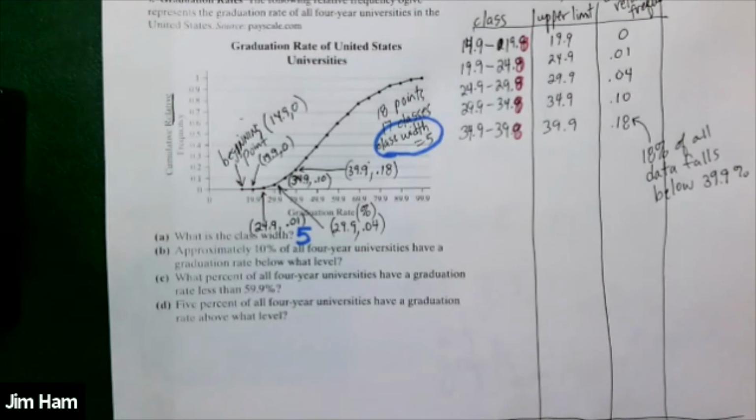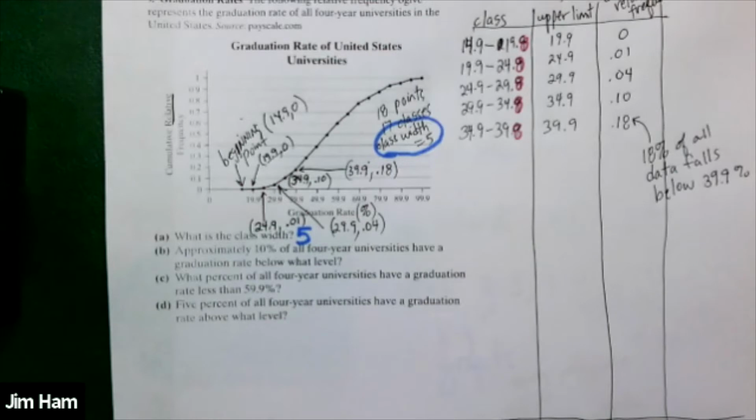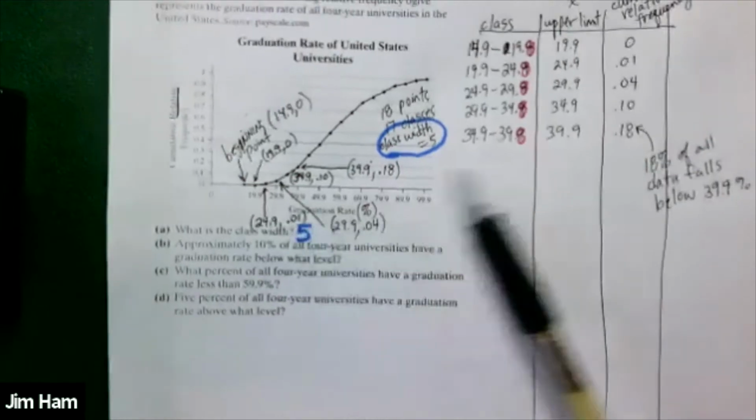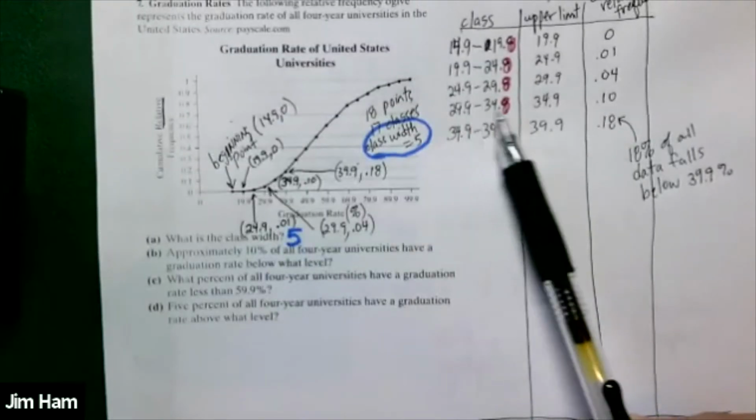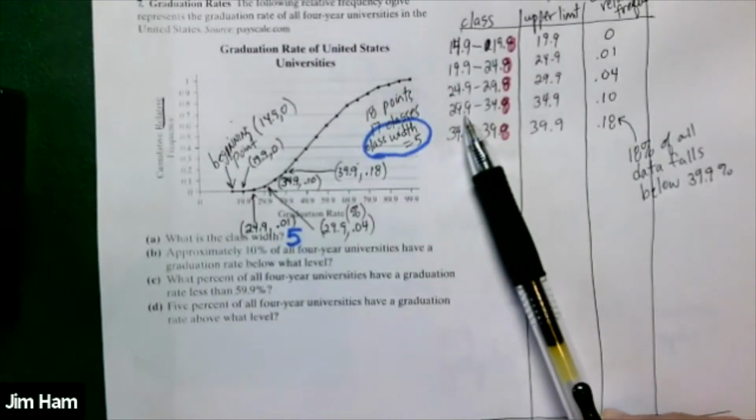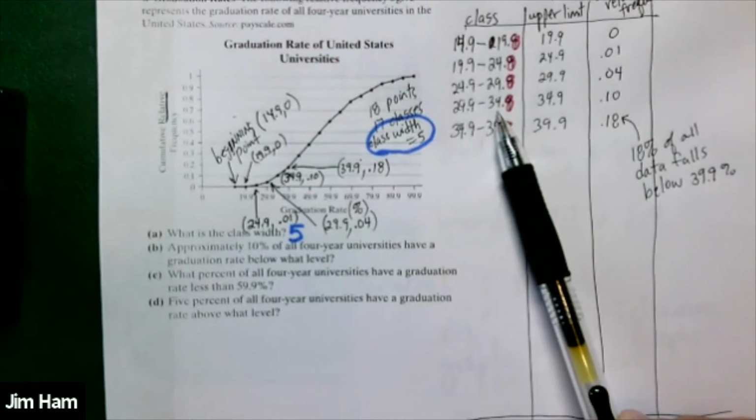Saginaw Valley, as an example, where would they be? Well, I think Saginaw Valley has a 6-year graduation rate of 34% maybe. A third of students will graduate within 6 years. So they would be counted in this range here because their graduation rate is somewhere between 29.9 and 34.8.